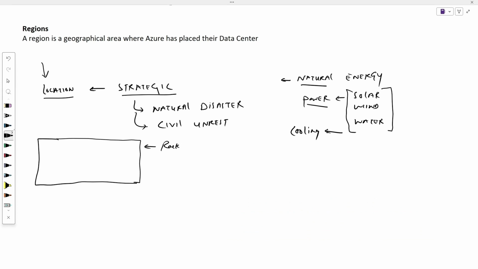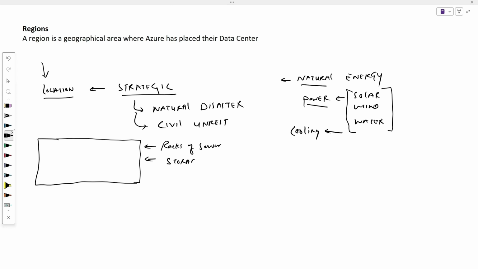Similar to any data center, we require racks of servers. Whereas in Azure Cloud Data Center, you will have multiples of racks and racks of servers. It might be thousands or more than thousands of racks of servers and petabytes of storage.